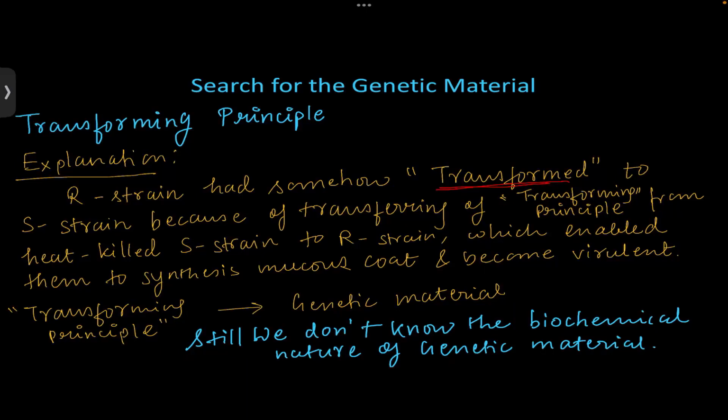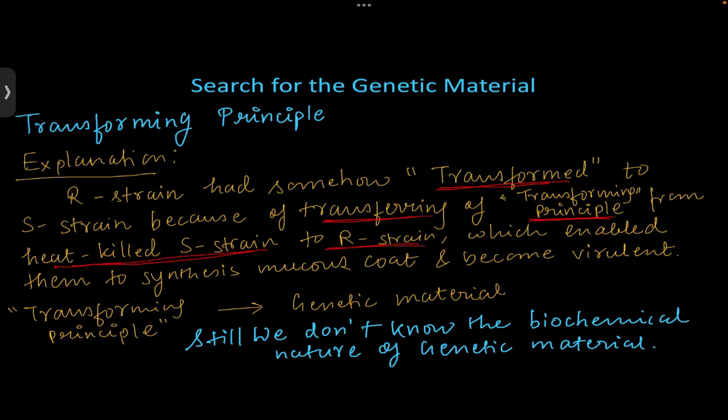So what was causing this transformation? He said that it is because of a transfer of a transforming principle. Something is getting transferred from the heat-killed S strain bacteria to R strain bacteria.